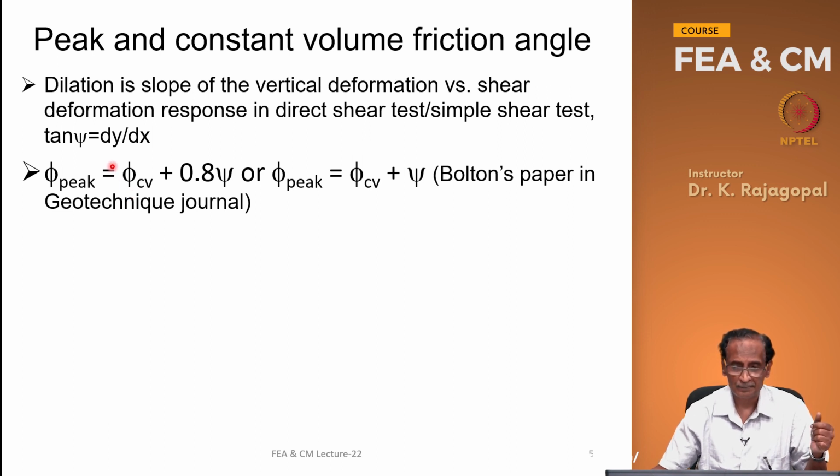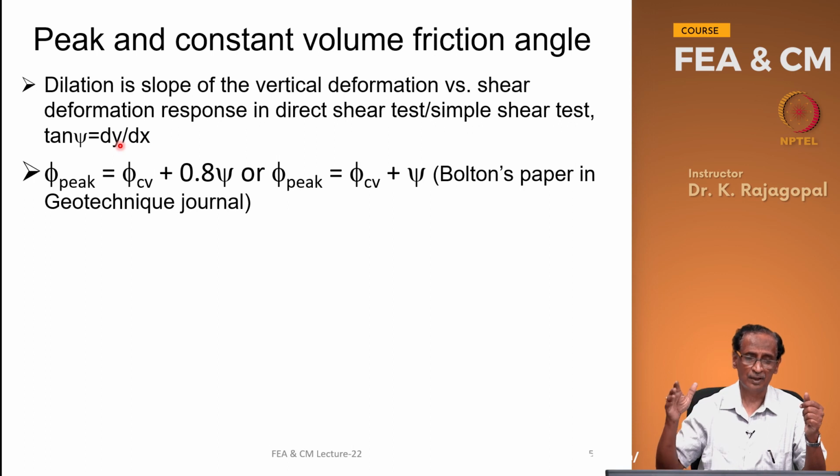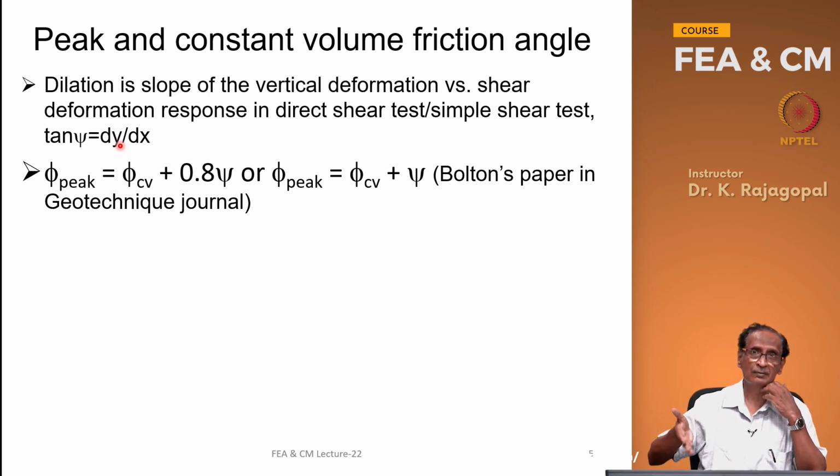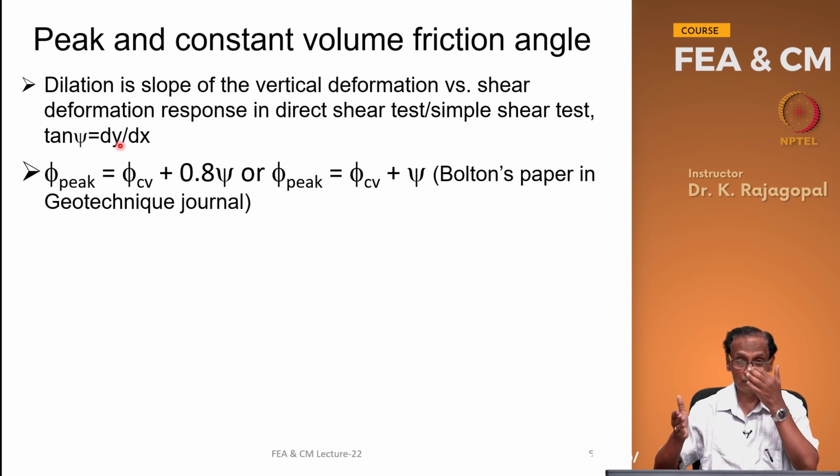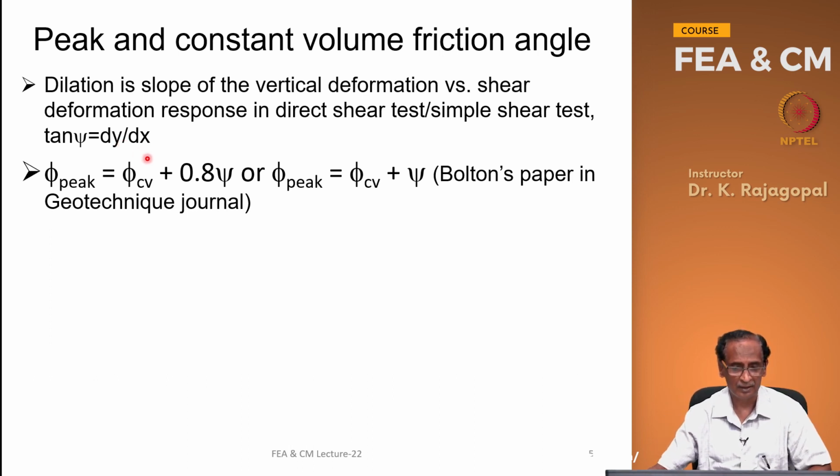And in the direct shear tests and simple shear tests, the tan psi is just simply the slope of that line, dy by dx. If x is the shear direction and y is the volume or vertical direction, tan psi is just simply dy by dx. And the phi peak is approximately equal to phi CV plus 0.8 psi or phi CV plus psi.